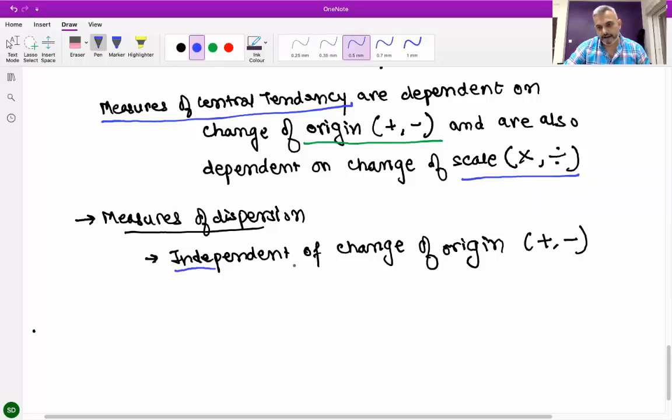So this will be independent. It will not make any difference. The answer you get with the normal formula will be the correct answer.